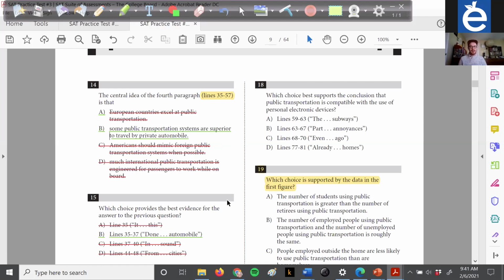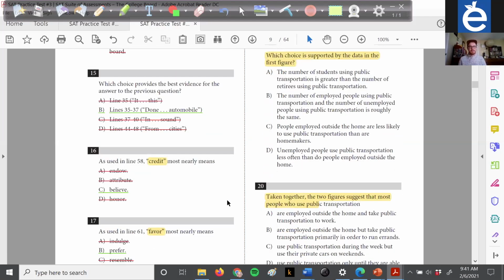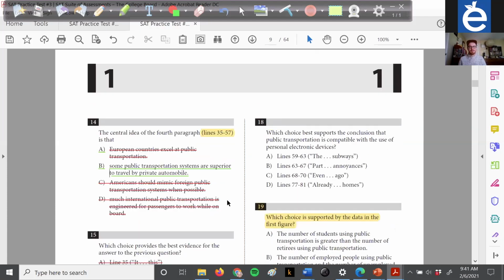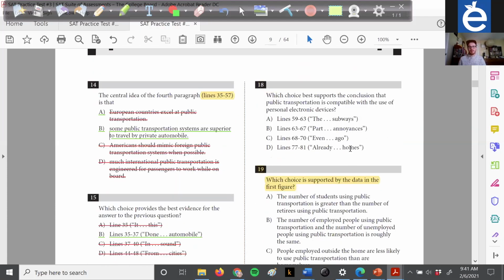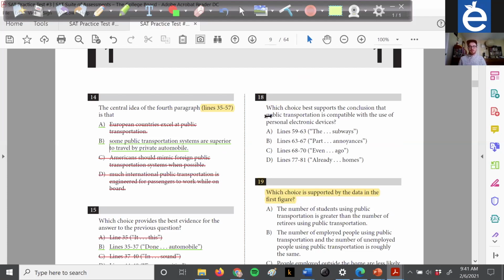Let's look at our next line question here. This one isn't even connected. We'll get through this real quick. Which choice best supports the conclusion that public transportation is compatible with the use of personal electronic devices? So a couple keywords here.